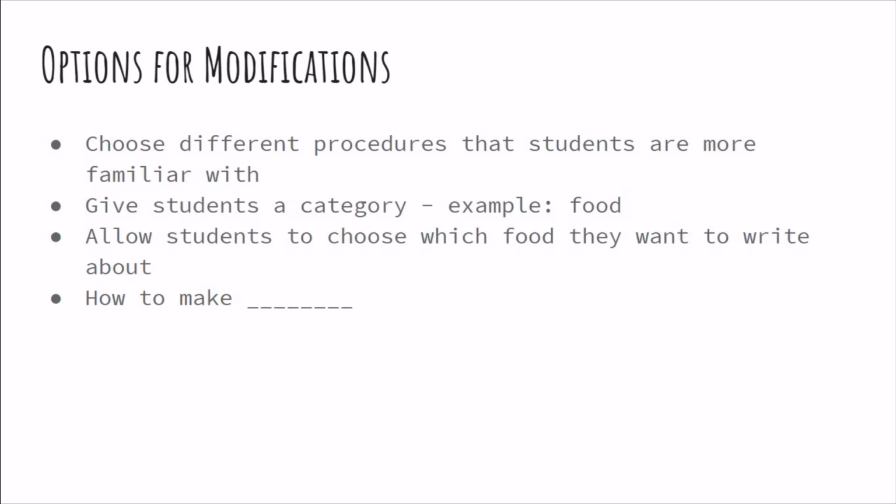So if they are really familiar with PB&J, then they can write how to make peanut butter and jelly sandwiches. If they know a lot about how to make something like a tamale, then they can definitely write about that. So this is also a chance to make sure that what you're teaching is culturally relevant for the students. And this activity would give students a way to share something about themselves with their classmates.